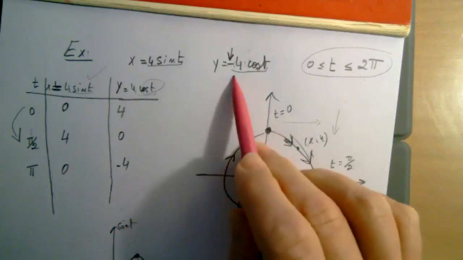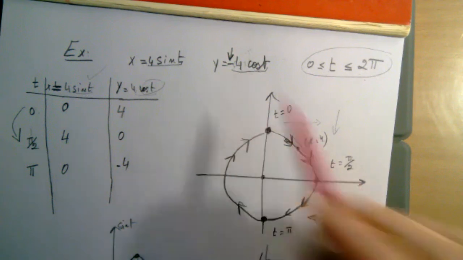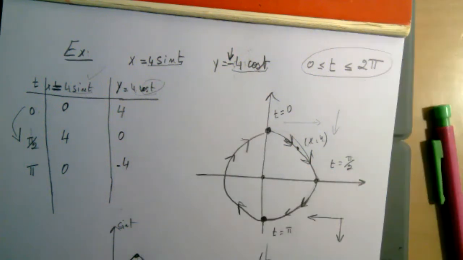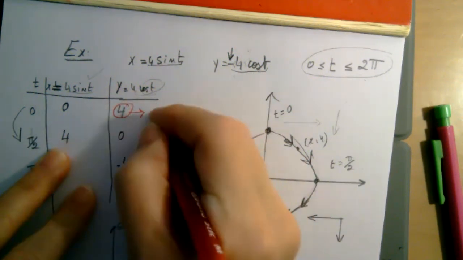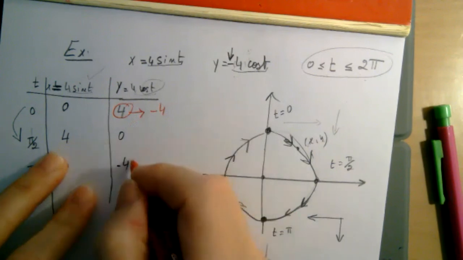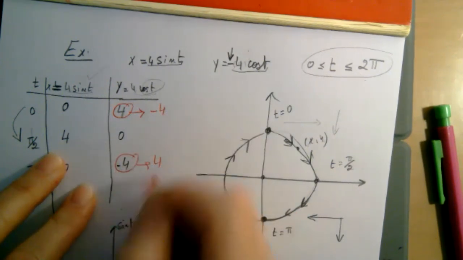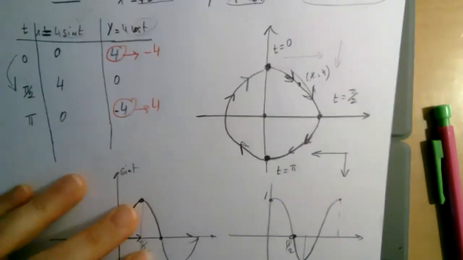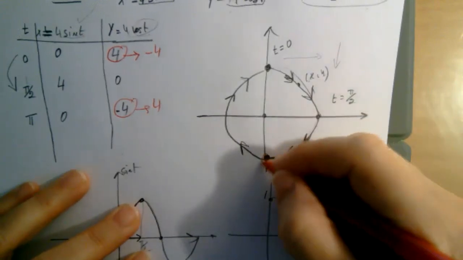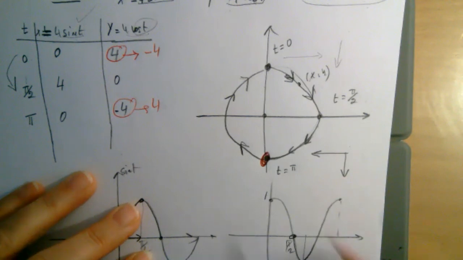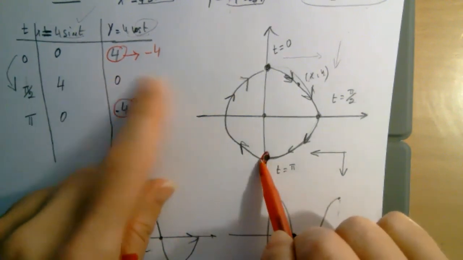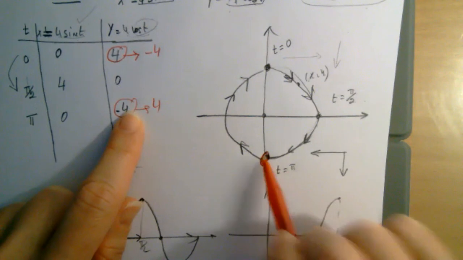But it's going to totally affect the motion, because the starting point will be totally different. Instead of 4, it's going to be minus 4, and this would be plus 4. So this will be an object that's going to start moving from here, at 0, minus 4, and then it's going to go to 4, 0.